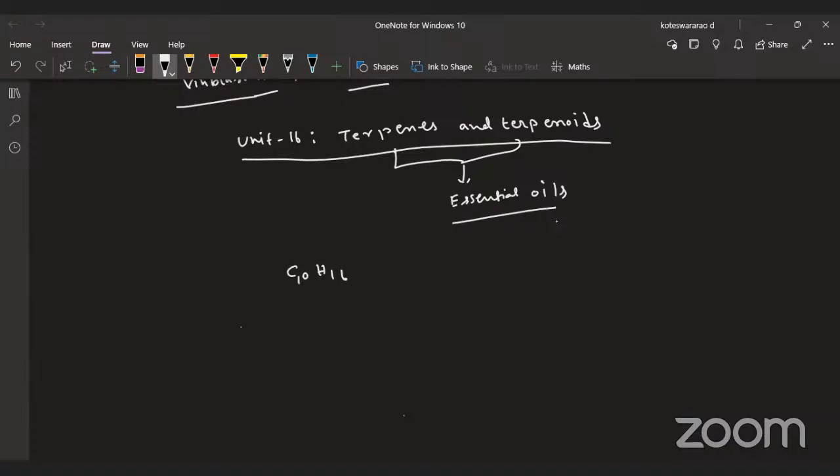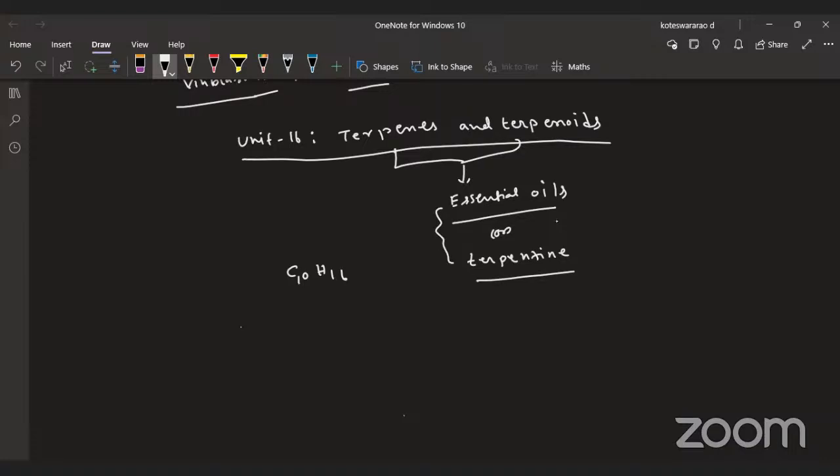In the previous days, we called it essential oil. One of them is turpentine oil. Everybody knows turpentine. Nowadays it is sold in Ayurvedic shops, medical shops, and general kirana shops, this turpentine oil, right?